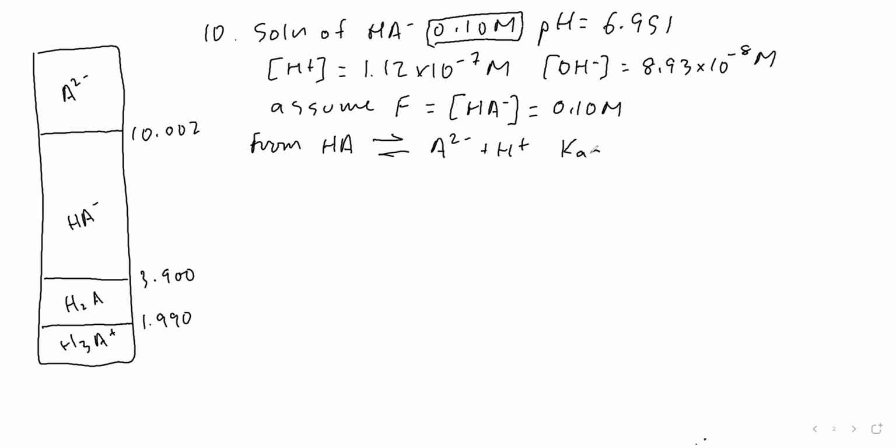We've got the expression for Ka3. And we know already this value from up above. We know the Ka3, and we can just substitute and get A2 minus. And when I do that, my A2 minus value is 8.88 times 10 to the minus 5th.